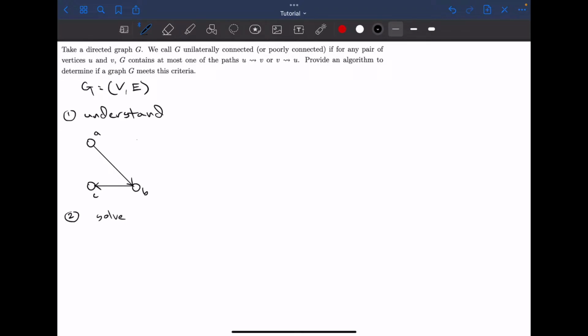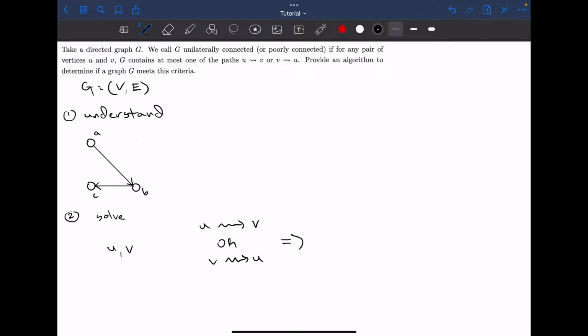The key insight in the problem lies with the fact that if you take any two vertices U and V, there is only the path from U to V or the path from V to U. There cannot be both.